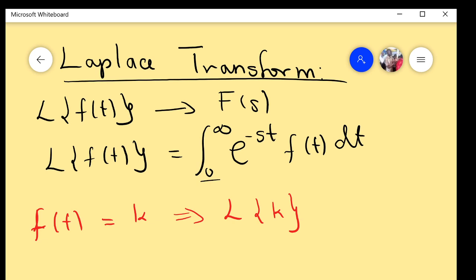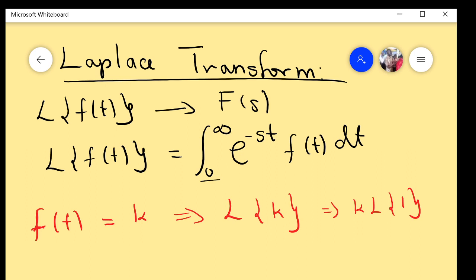If k is a constant, then I'm looking at a transform where I have k times L of 1. Okay, so you can always bring your constant out.